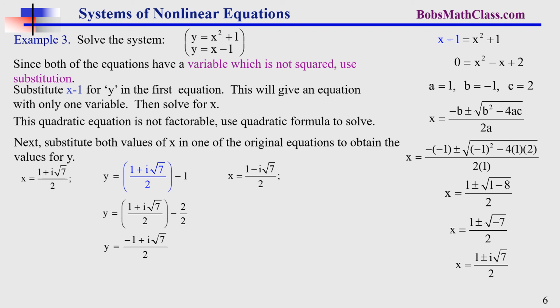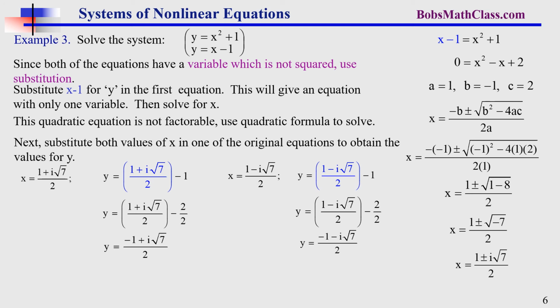Now we're going to talk about our second solution for x. Again, we're going to do the same thing. We're going to plug that in for x in the bottom row. So that's 1 minus i square root 7 over 2, minus 1. Same idea. We've got to write the 1 as 2 over 2, and now we can combine like terms.